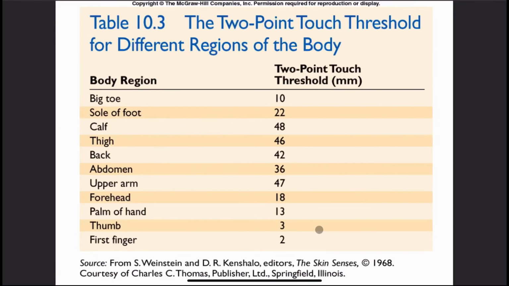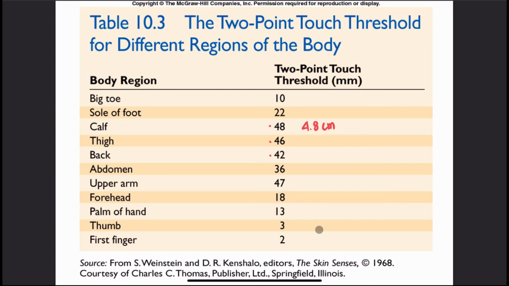So this table shows you the different thresholds for different regions. And you can see that on the back, on the thigh, on the calf, the 2-point touch threshold is very high. What that means is 48 millimeters isn't even a lot. It's what, 4.8 centimeters.